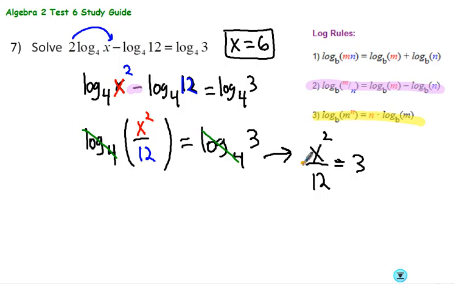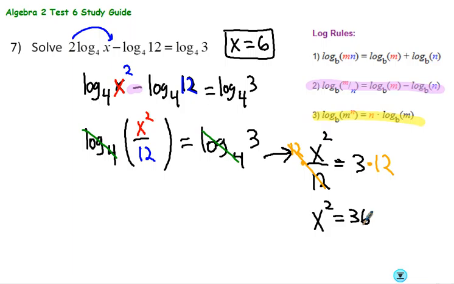So we want to break this up. How you break up any fraction, not just in this situation but any situation, is that if you multiply by whatever's on the bottom, the denominator, then that will bust up that fraction, because you can cancel those two things out. And what you're left with is x squared equals 36.